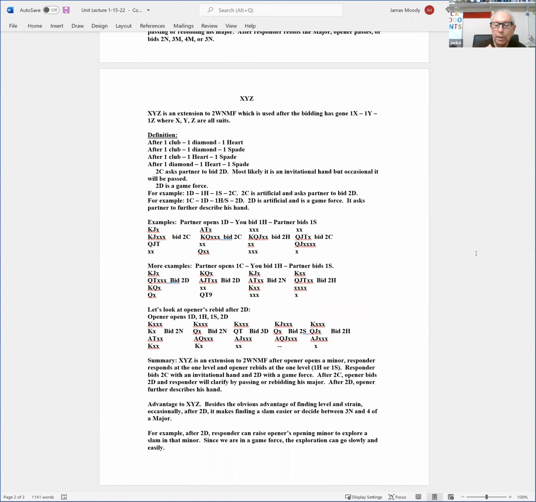In particular, finding a minor suit slam is now much easier than it would be if you didn't have this tool. For example, after two diamonds, responder can raise opener's minor and explore a slam in that minor. Since we're in a game force, the exploration can go slowly and easily. So I think the major advantage of XYZ or two-way new minor forcing is the two diamond bid when you have a game force, because now you can take your time and figure out where you want to play and why and what you want to do.